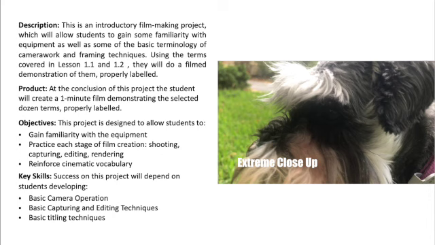So the laundry list task is an introductory filmmaking project, and the idea of it is to just get students familiar with some basic equipment. And I guess this is where my first key tip comes into play, because a lot of students at my school at least get caught up with what kind of kit they should be using. And the reality is we shoot all of our films in class on iPhones.